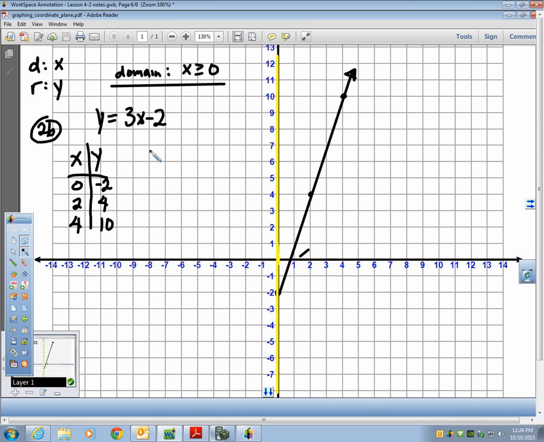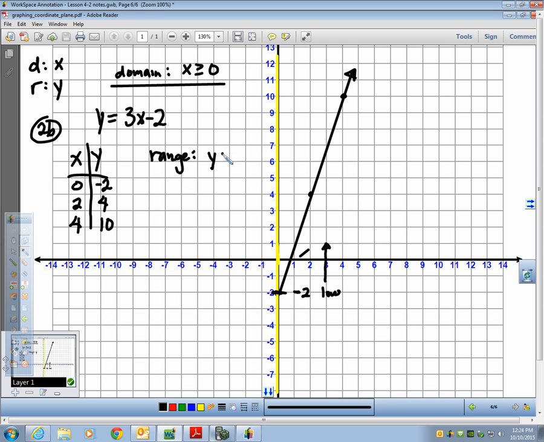The range are the y values. You notice the lowest y value I have on this graph is -2. And my y values keep on growing. So my range would be y values that are greater than or equal to -2.